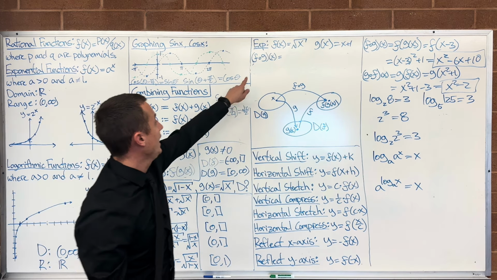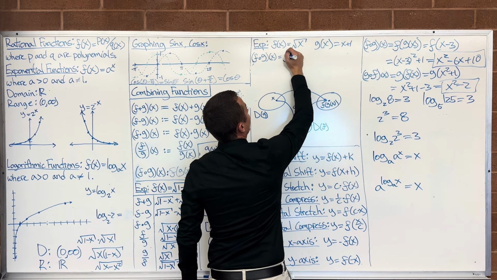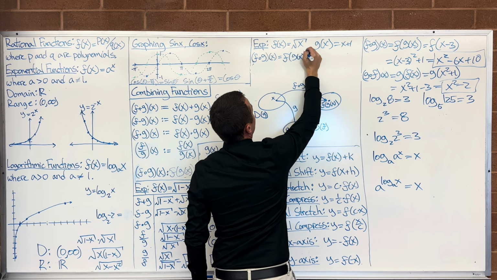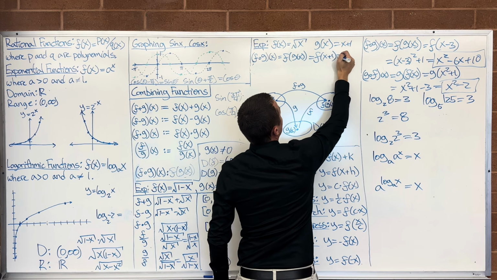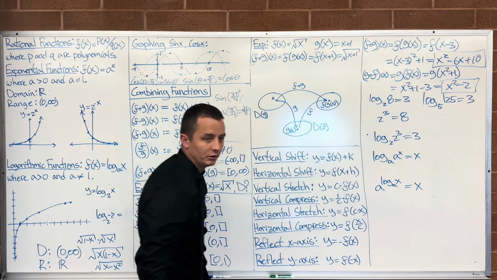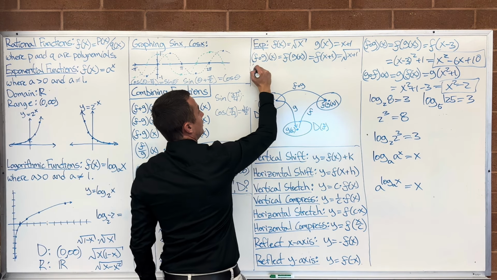So we're looking at f composed with g of x. First off, what is that? That's f of g of x, which is equal to plugging g of x into f.